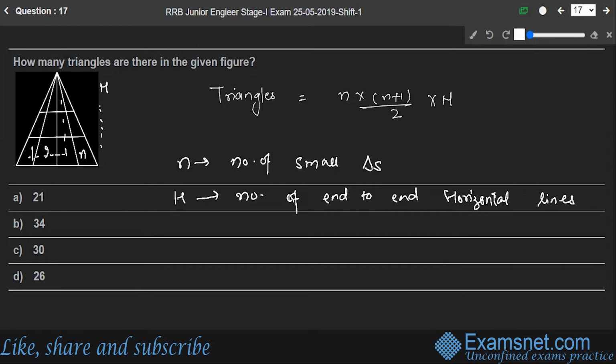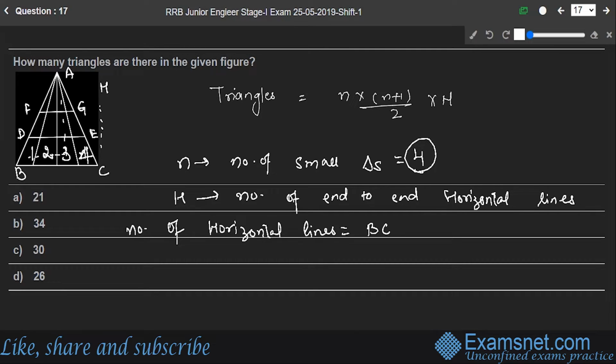So let's check with this triangle which is given to you, this one. Here you are having 1, 2, 3, and 4. So number n is equal to 4. And you are having here A, B, C, D, E, F, and G. So number of horizontal lines over here is equal to, you have BC, DE, and FG.